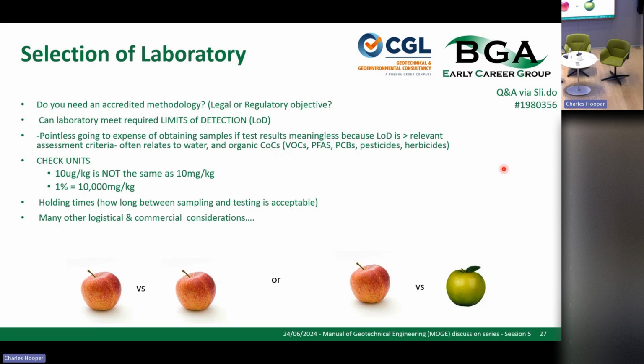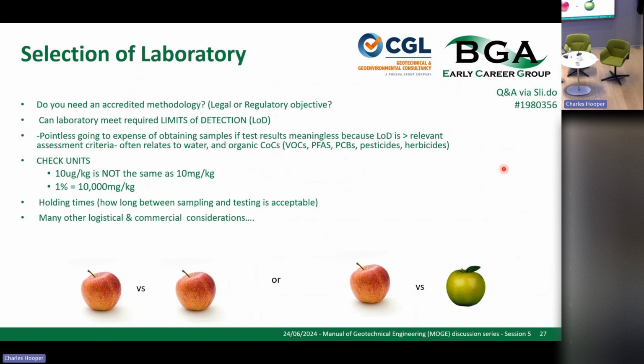And there are other elements that will come into selecting your laboratory. You know, how much does it cost? How do they move the samples around? What's their customer service like? All of these sorts of things come into a relationship with the lab as to which one you use. And my little pictures at the bottom is, are you comparing apples with apples? Are you comparing the same sort of apples with the same sort of apples?